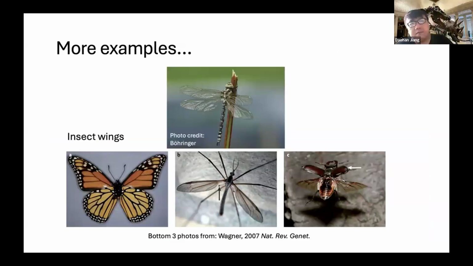Among them is insect wings. While in some insects, their forewings and hindwings are more similar to each other, pretty obviously some kind of repeat, in some other insects, they have different morphology. And in certain groups, there are wings that evolve into very specialized forms, such as the halteres of dipterans and elytra of beetles.